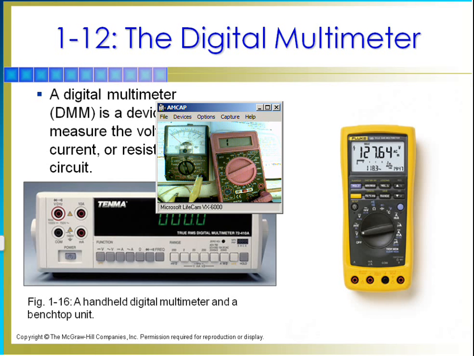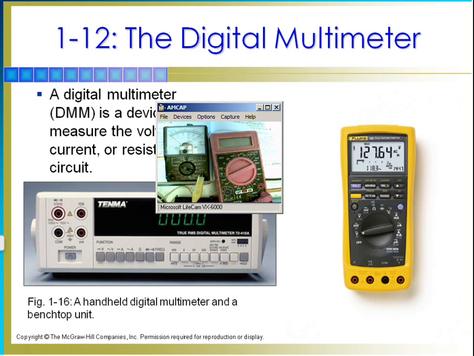Versus my digital multimeter that I'll touch it up and there's a little bit of a delay. So there are times when you want to see a needle move immediately versus times when you're just making a measurement and you have time. And that's where the differences between the two come in. Sometimes you need that needle deflection, sometimes the digital works just fine for you.